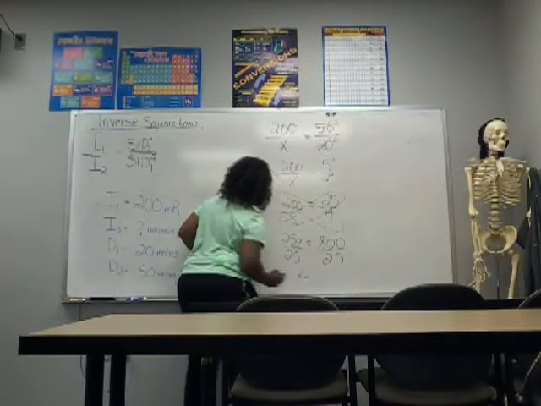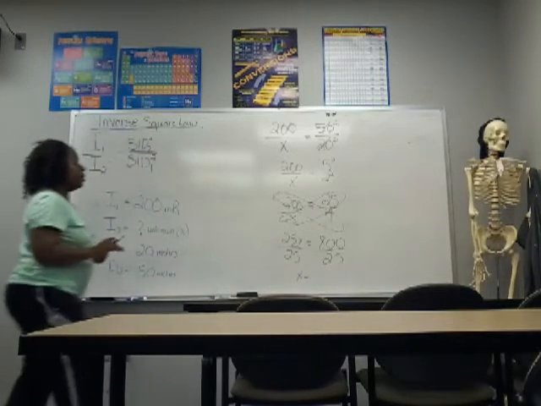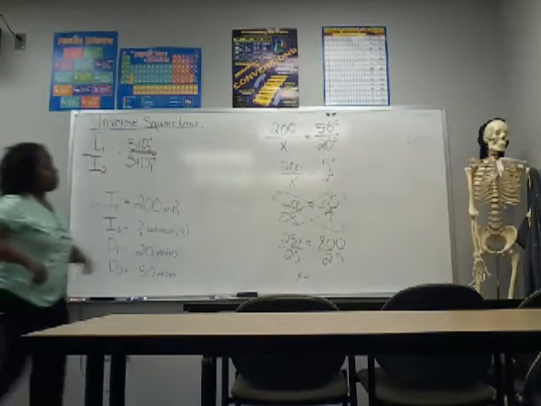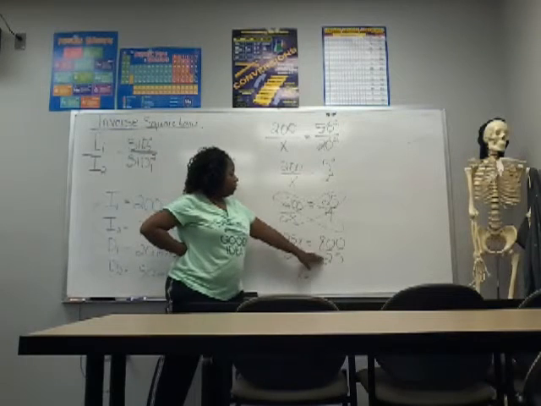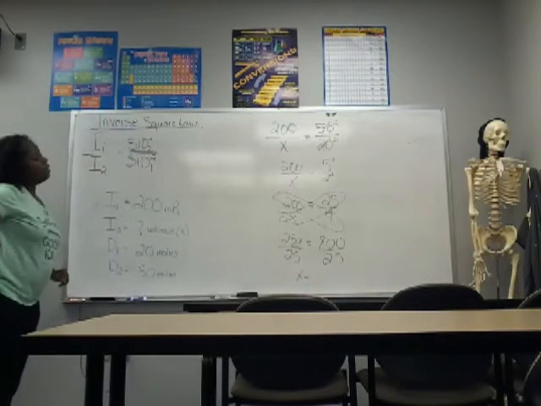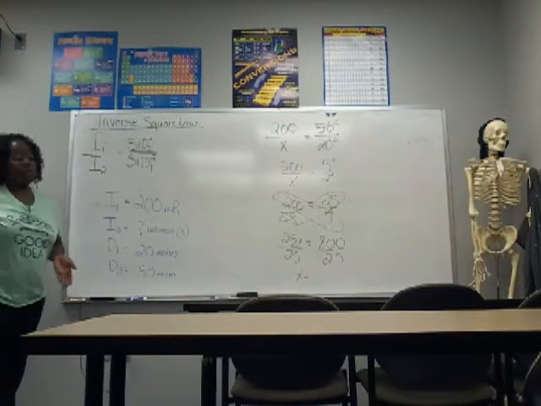Our unknown intensity 2 is simply going to be 800 divided by 25, okay?